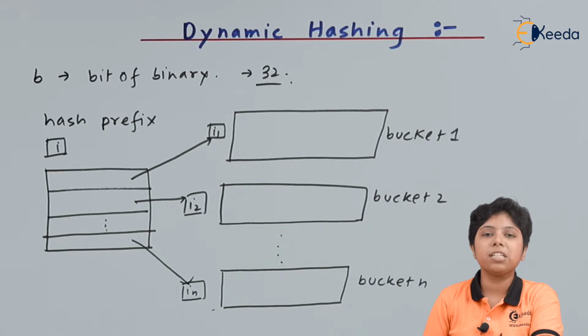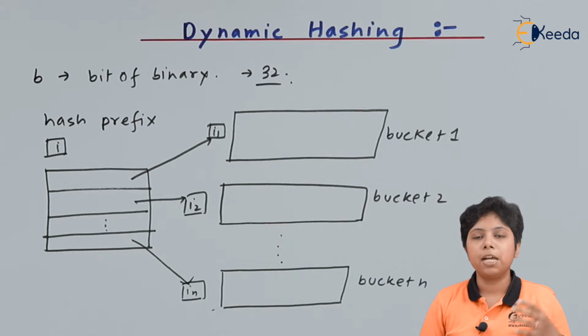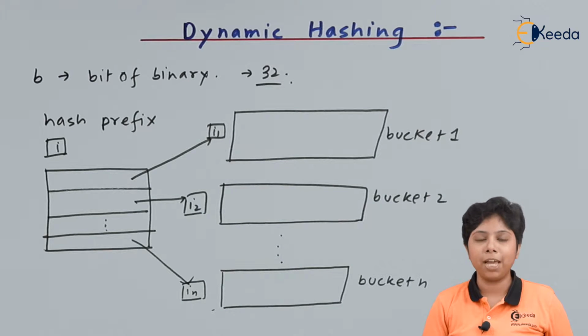In this way we can create a general extensible hash structure. Now we will see how lookups, insertion, deletion and modification of the data affect or change the hash structure in dynamic hashing.